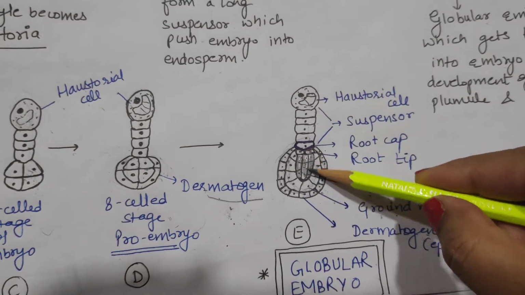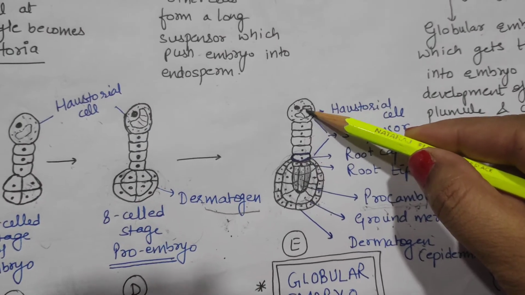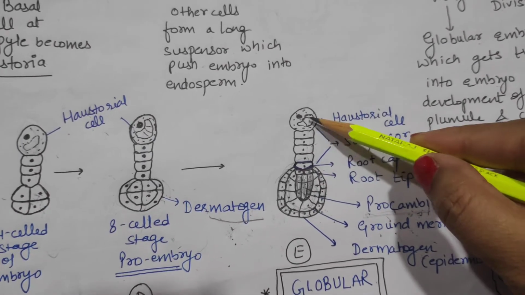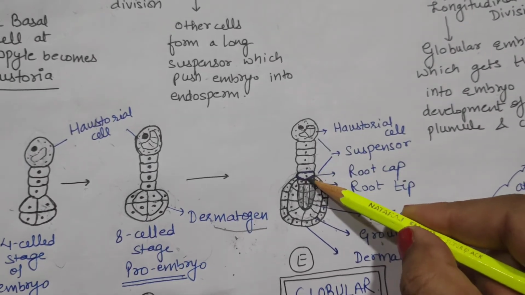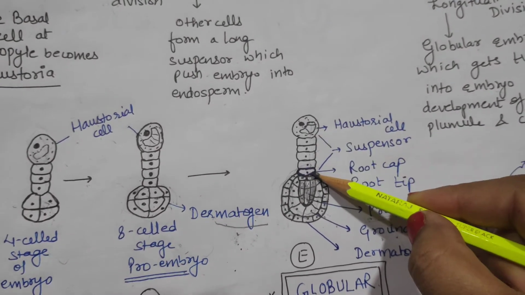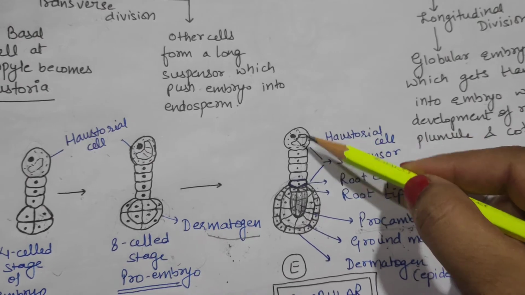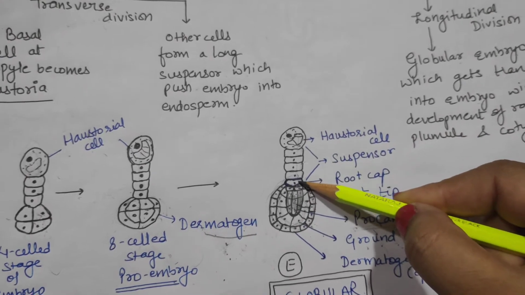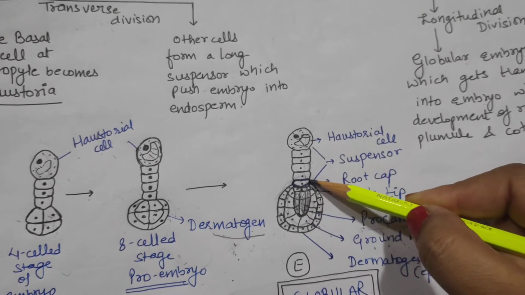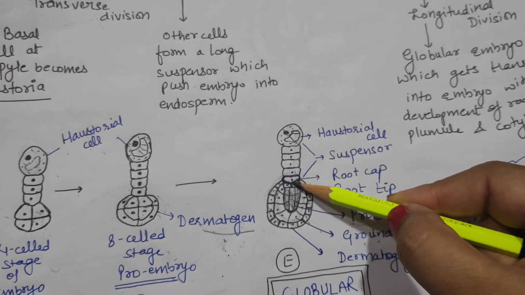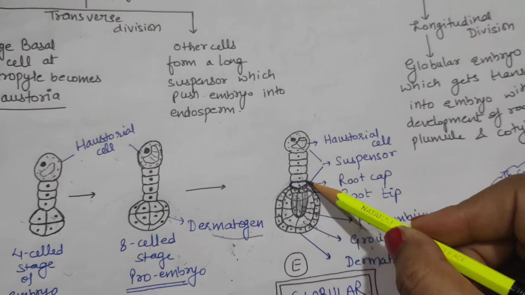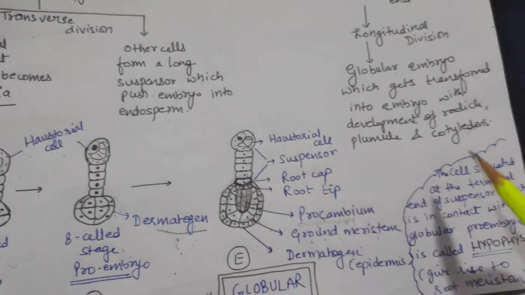Now if you look at this structure, this is the suspensor body. The last most cell of the suspensor is towards the micropylar end, and this is the last most cell towards the embryo. So the suspensor's last cell towards the embryo is called hypophysis.